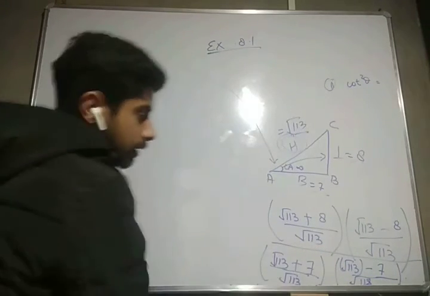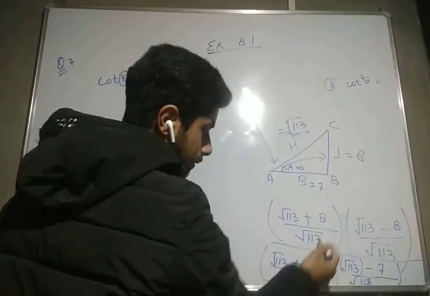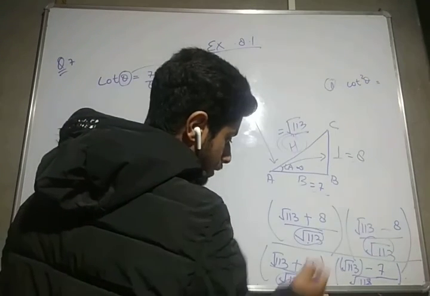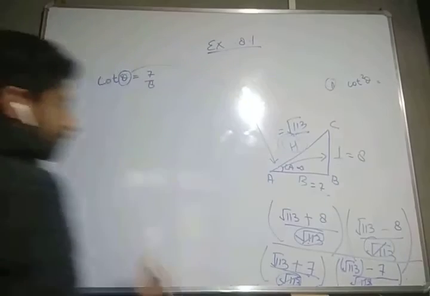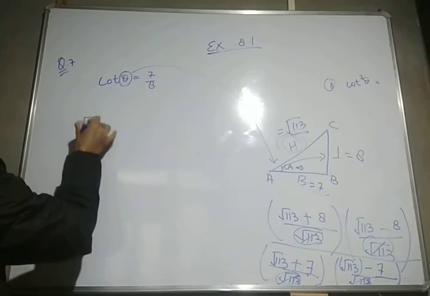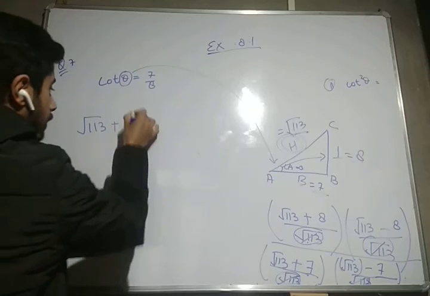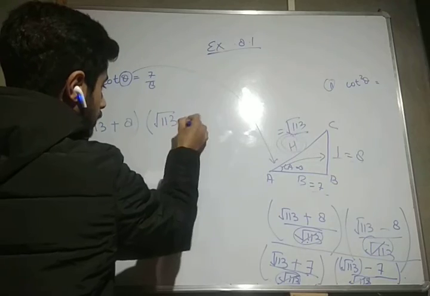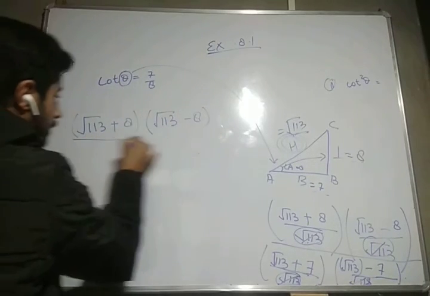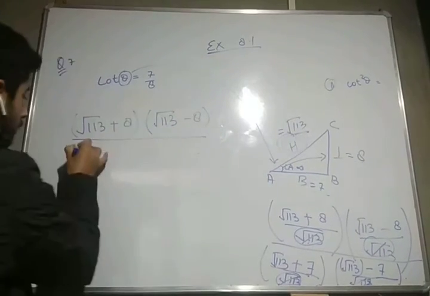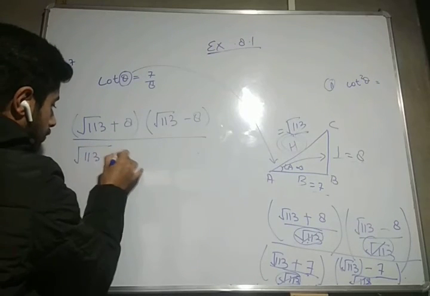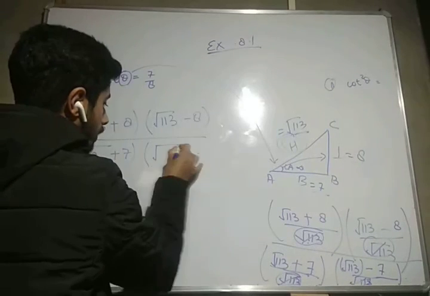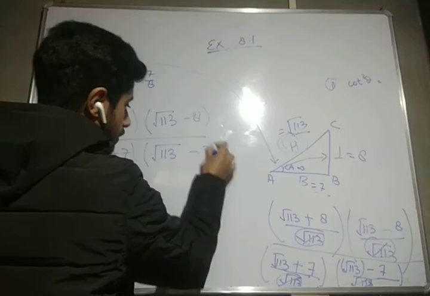This root 113 is in the numerator as well as in the denominator, so in both it will get cancelled. So we are left with root 113 plus 8 multiplied by root 113 minus 8, divided by root 113 plus 7 multiplied by root 113 minus 7.